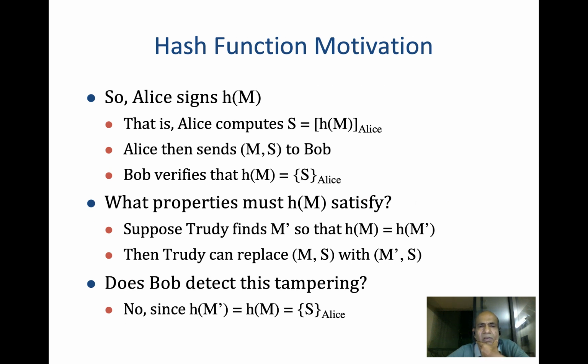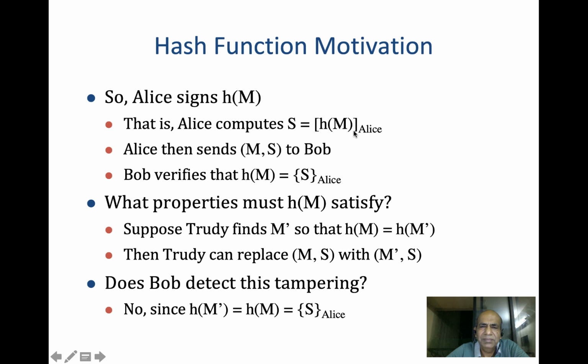So to repeat, Alice creates a message M and signs it with a hash. She creates the hash H of M, and then computes the signature S by encrypting H of M with her private key.